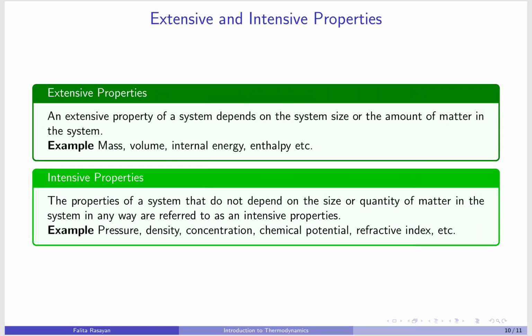Then you take a small piece out of that block and measure its density. Its density will also come about 9 grams per cc. So irrespective of the size, a huge block or a small piece, the density remains unchanged. So the density is independent of the size. That is why it is an intensive property.